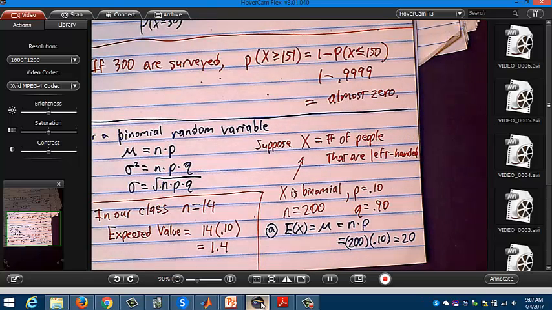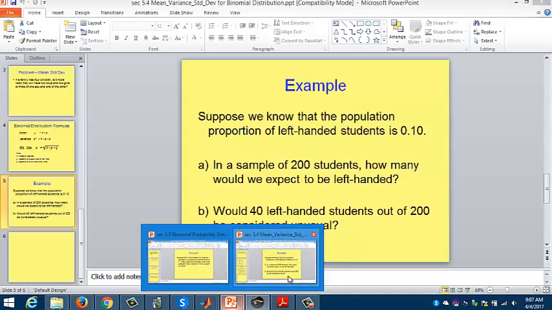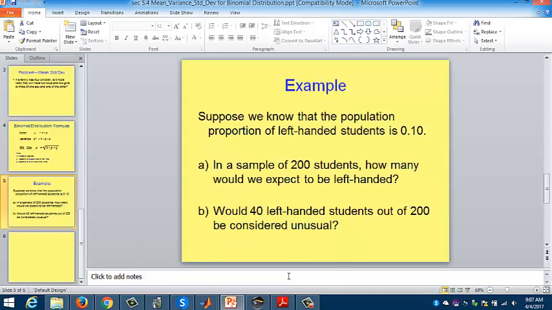Here's part B of the question that we're asked, though. Let's take a look at it. It says, suppose you had 40 people out of 200. Would that be considered unusual? Well, what did we say the mean was? 20.